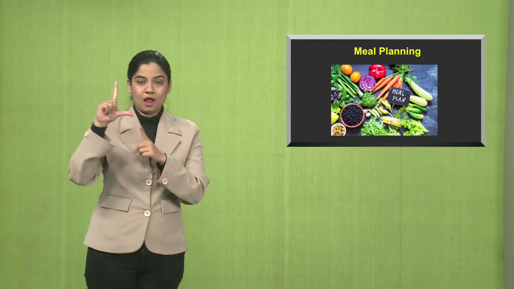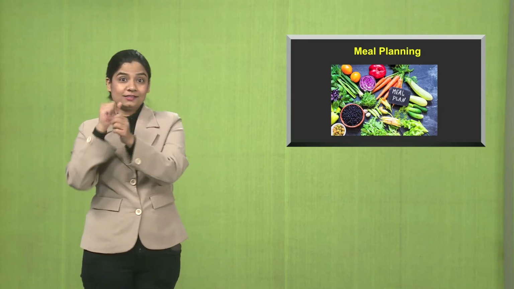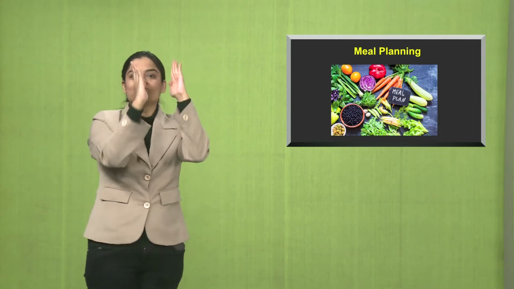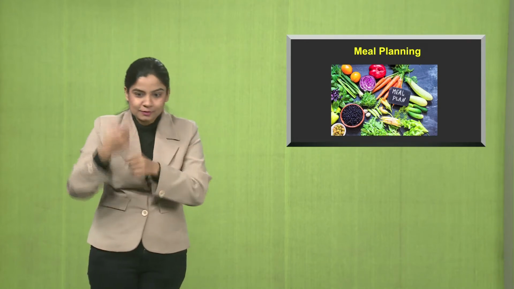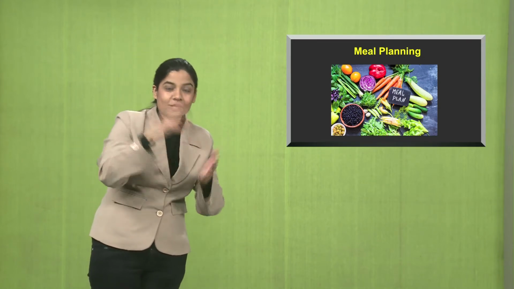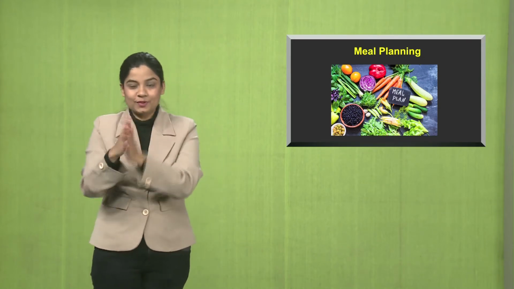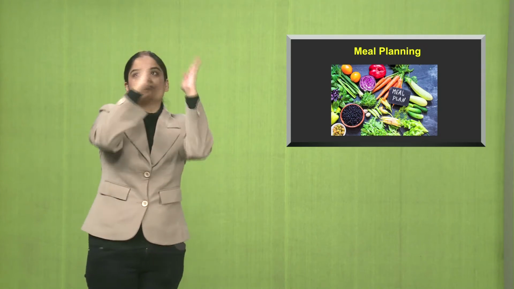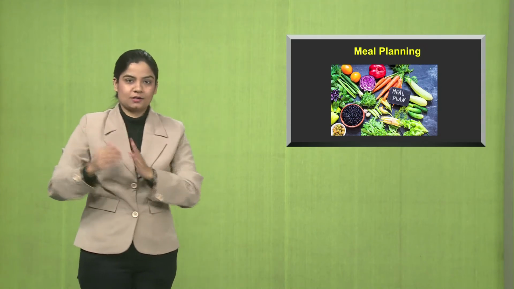Meal planning. Meal planning means choosing foods that are helpful for controlling your body, like breakfast, lunch and dinner. Different kinds of food are taken at different times. That's called meal planning.